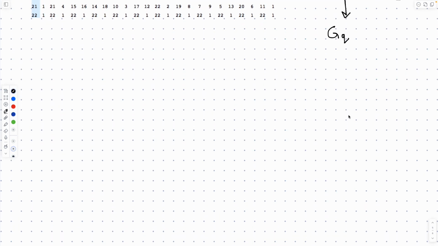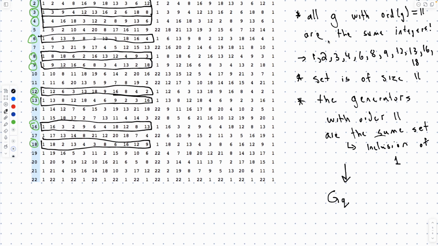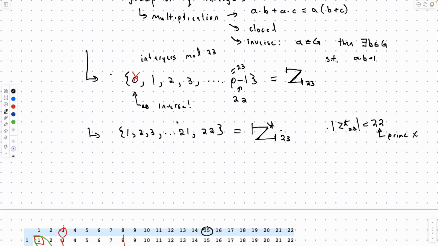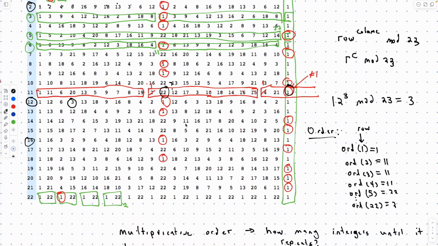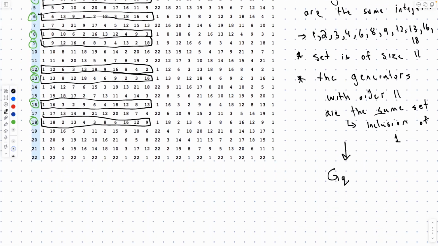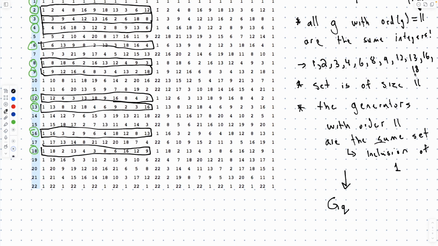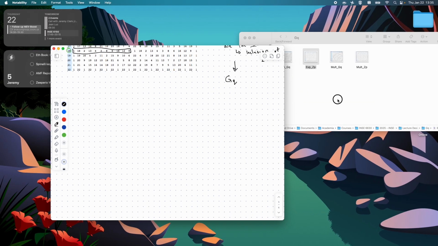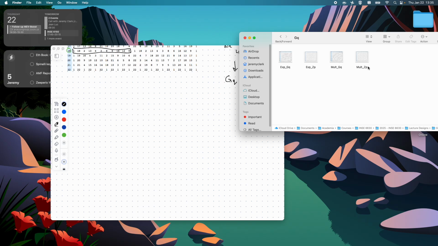So I'm going to show you both a multiplication table and the exponentiation table. But in this case, I'm going to ignore everything that's not part of GQ itself. So this table is a strict subset of the two tables that you saw.